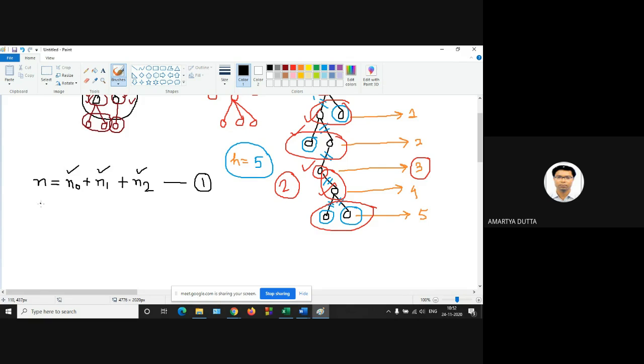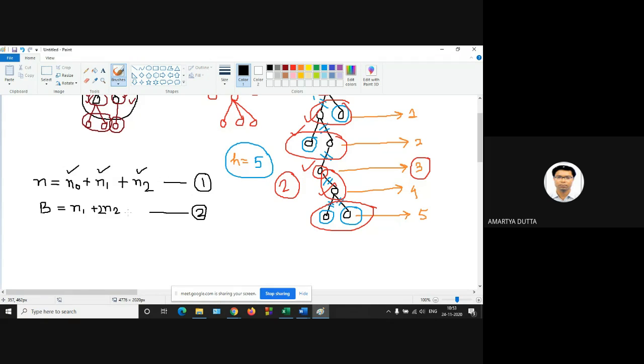Now we can write the number of branches B is equal to n1 plus 2 into n2. This is equation number 2.